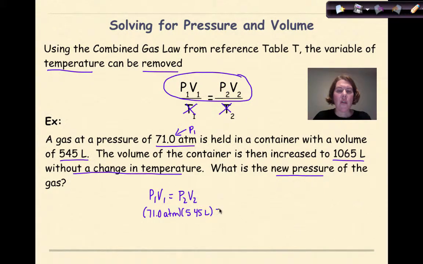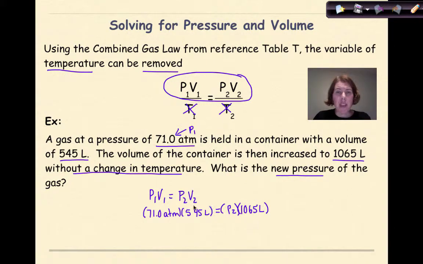545 liters. And that's going to equal P2, which is what I'm solving for here. P2. And then my V2, my second volume, is going to be this 1,065 liters.